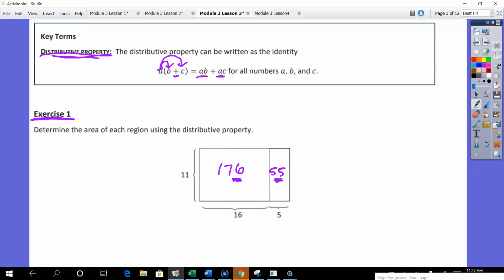So what we did here is we did 11 times 16, and we did 11 times 5. And so how would that be written? The 11 would be on the outside, and we would have 16 plus 5 on the inside.